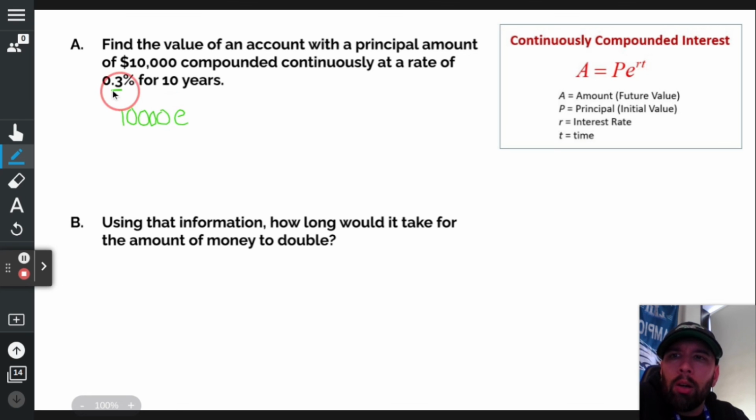Now, it's very important when you use r, you're using r as a decimal. So 0.3% is 0.003. And I'm going to multiply that by 10 for 10 years.